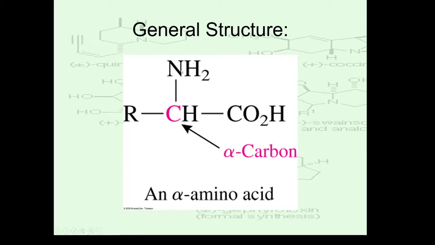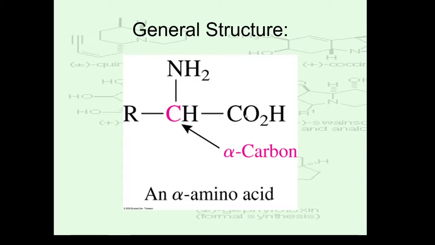An amine up here, the NH2, bonded to a carbon, bonded to a CO2H. Now this is known as the alpha carbon, and hence it's called an alpha amino acid. So you have your COOH, your acid part, and your NH2, your amine part, all set up here for your amino acid.